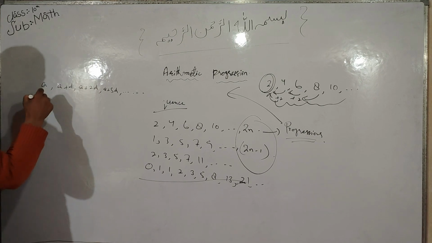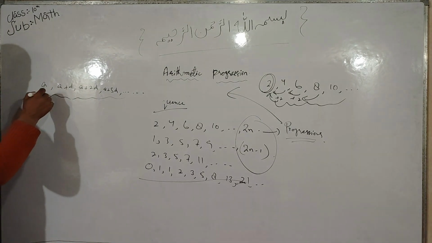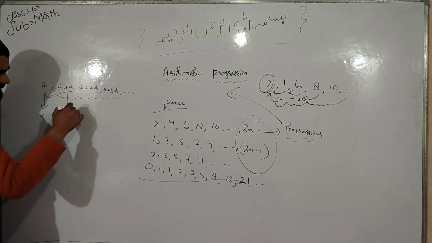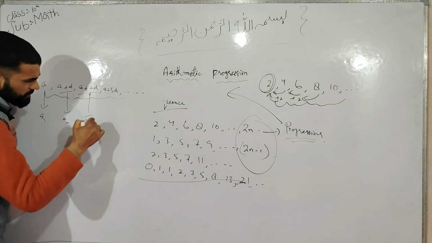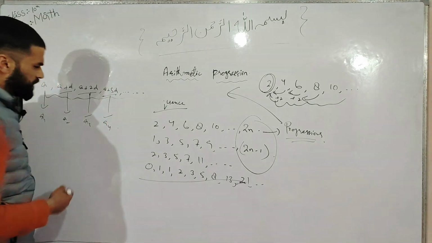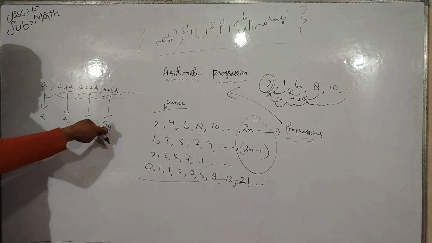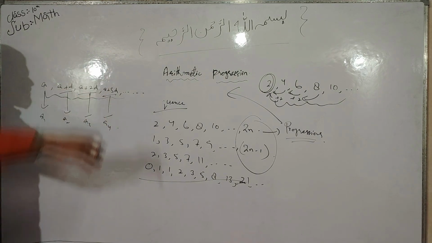Okay, so this is the general term of an arithmetic progression in which this is the first term, it is a1, and this a plus d is the second term, it is a2, and this is third term, it is denoted by a3, and this is fourth term, it is denoted by a4. So, sometimes it is denoted by T1, T2, T3, T4, but I am denoting it by A1, A2, A3, A4, and so on and so forth.